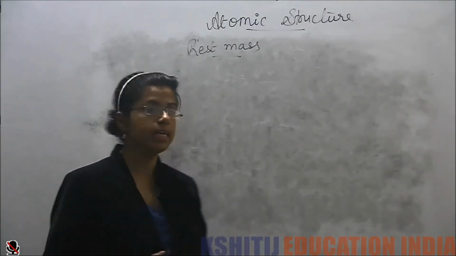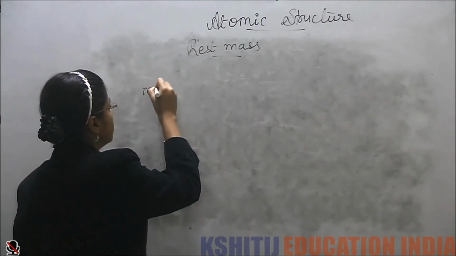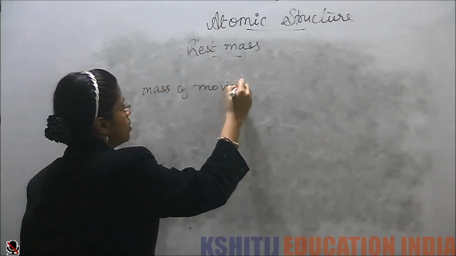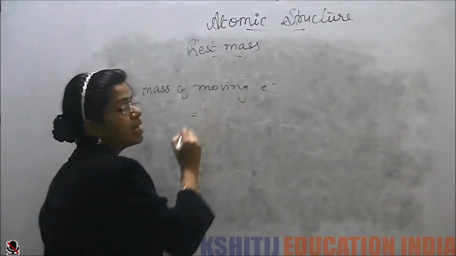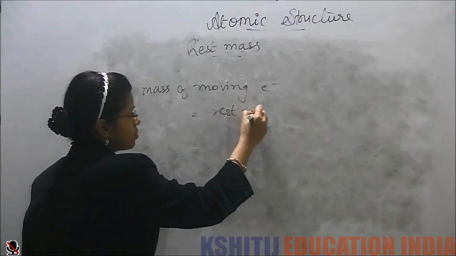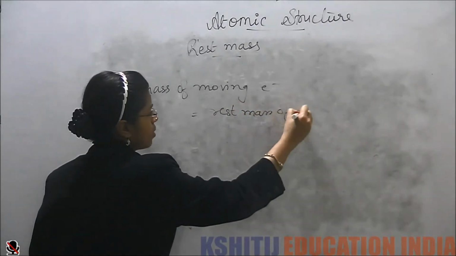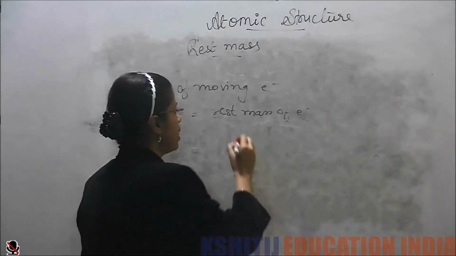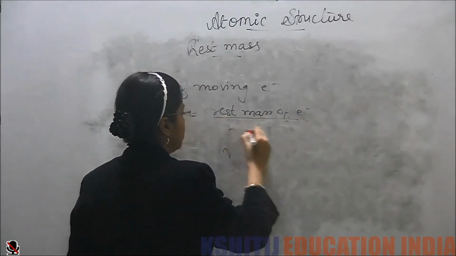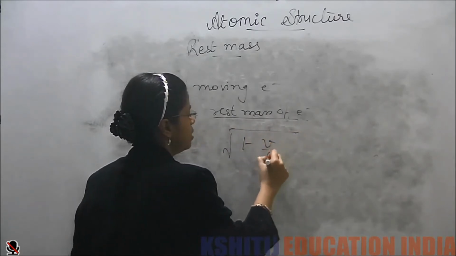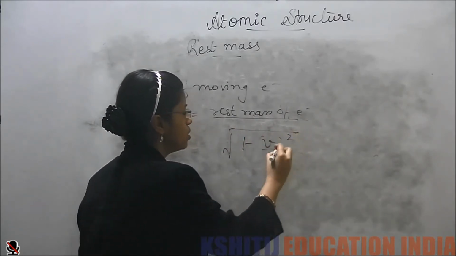And normally, the mass of a moving electron is given by the relation: rest mass of electron divided by under root 1 minus v upon c whole square.